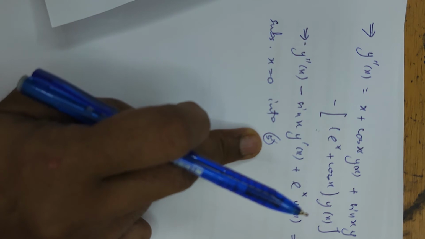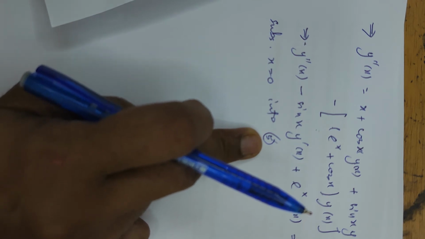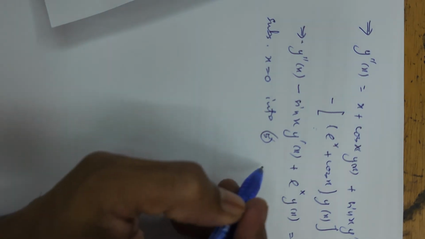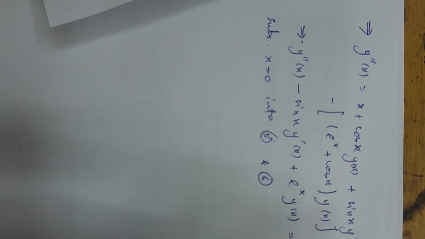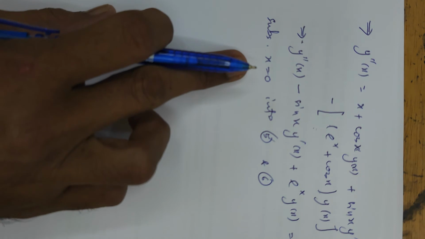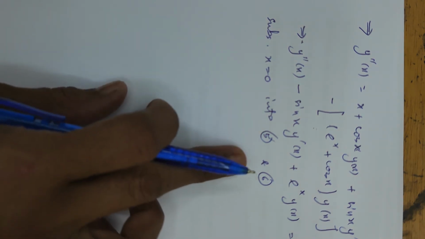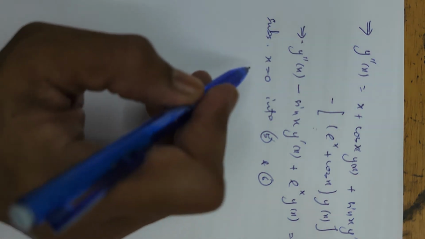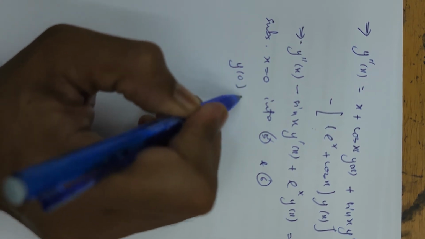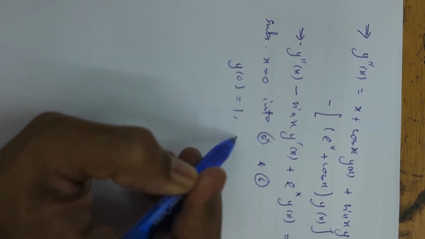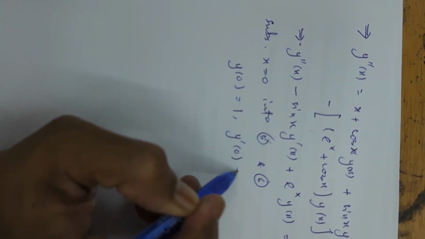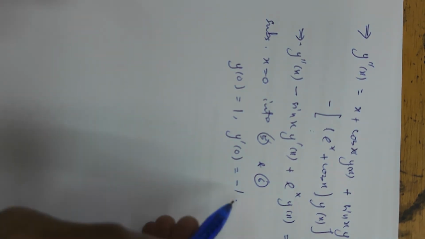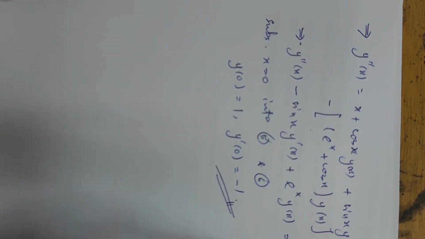Y prime is equation 6. So by substituting x equal to 0 into 5 and 6, what we got is y 0 equal to 1 and y prime 0 equal to minus 1. So this is actually the given differential equation.